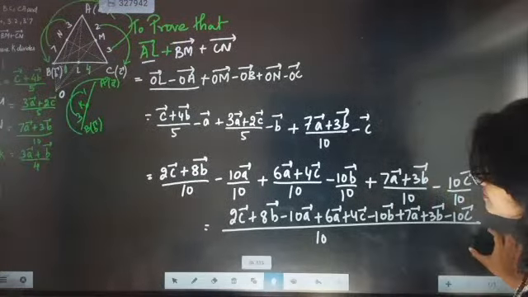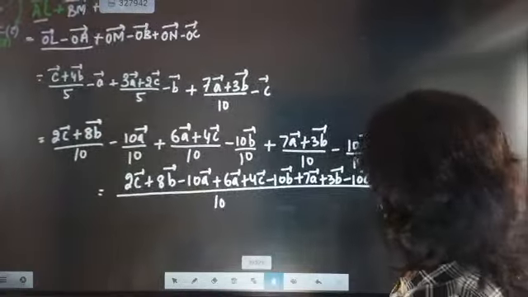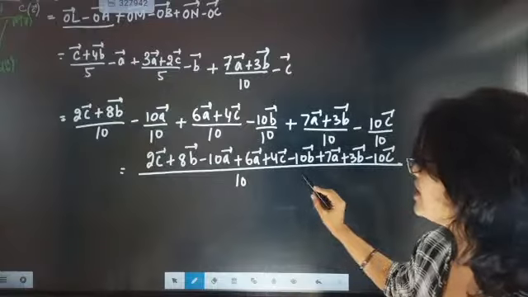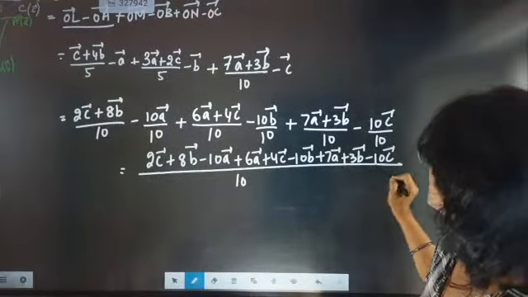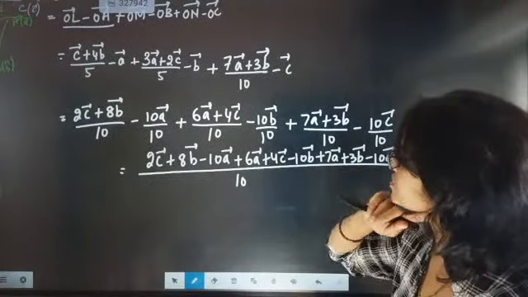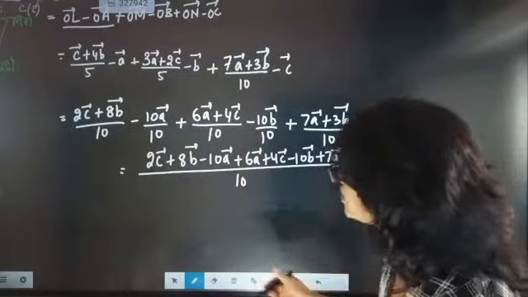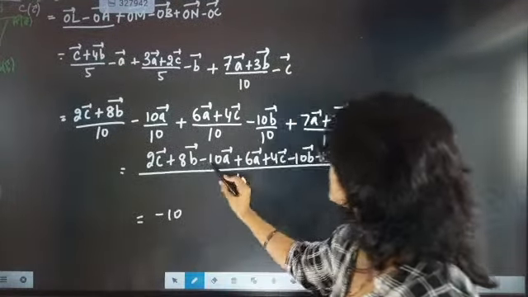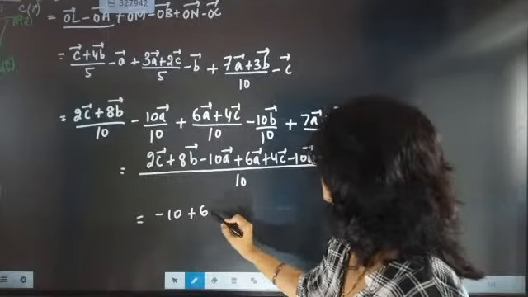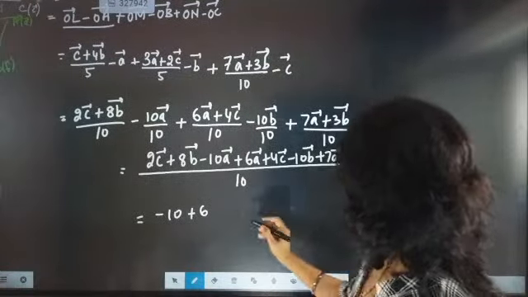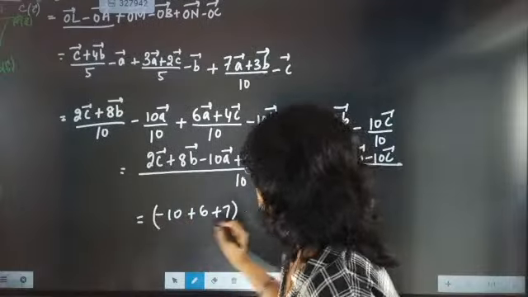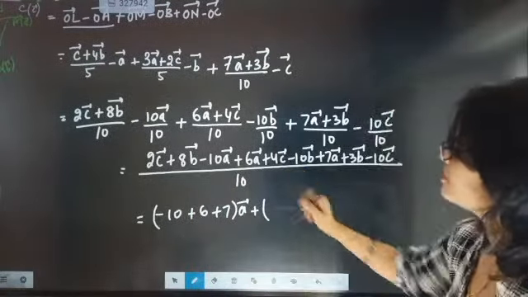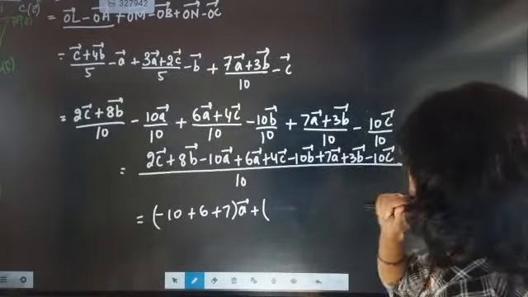Now the most important thing is, if you see, minus 10A, plus 6A, plus 7A. We just have to check which terms go with A. So we write minus 10 plus 6 plus 7, A vector.